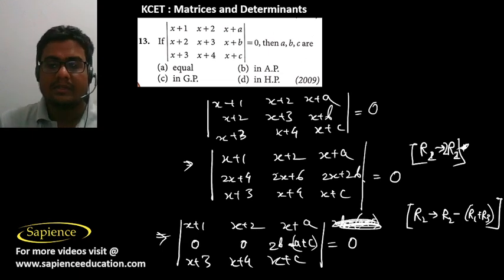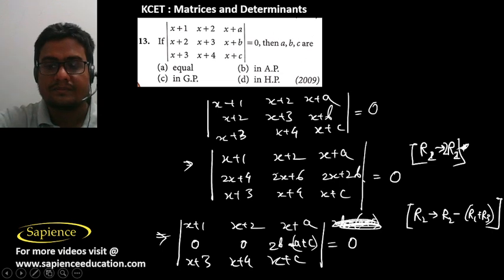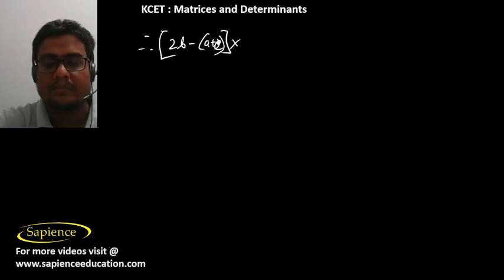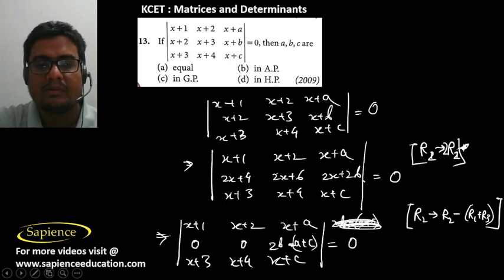Now if we expand this determinant along the second row, since the second row has got the most number of zeros, therefore we will have 2b minus of a plus c, multiplied by 2b minus of a plus c into b.